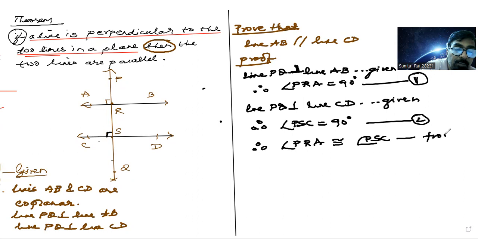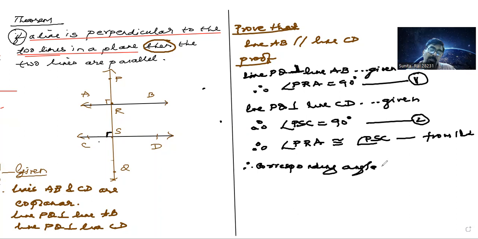From 1 and 2. Now, don't you realize PRA and PSC are nothing but corresponding angles. Therefore, corresponding angles for lines AB and CD are congruent.